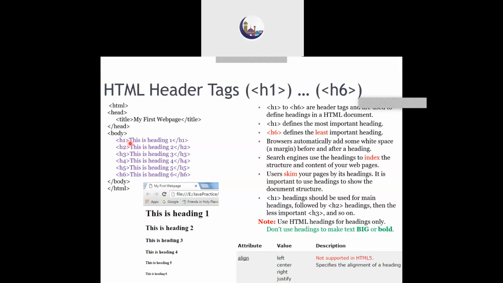Put an equal to sign, then in double quotes, you can specify either left, which is the default, or center, if you want everything to appear in the center of the web page, or right, to make them appear right aligned, that means at the right margin. Or justify, which means at both ends it will try to appear in the same way. Okay, so that will be aligned.